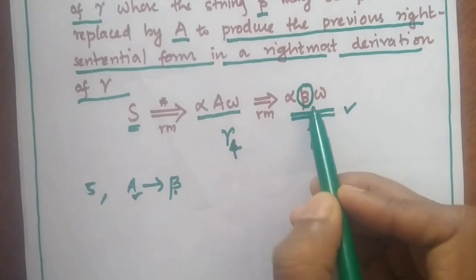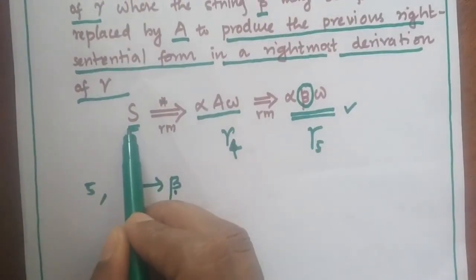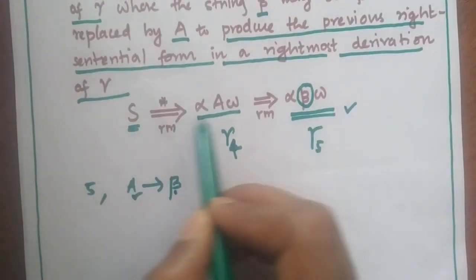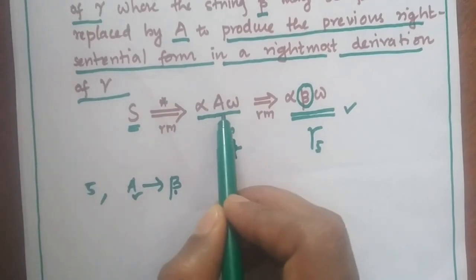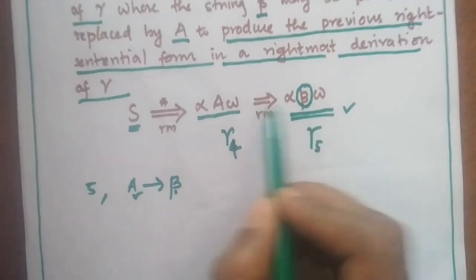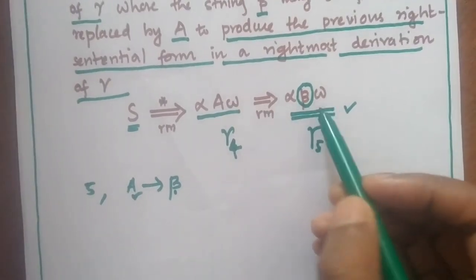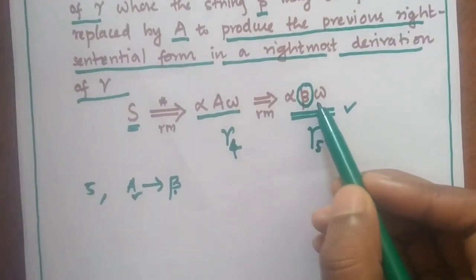Okay, it is a rightmost derivation. So we assume that we started from S and we reached here, and by replacing beta by A, we obtain the previous right sentential form in the rightmost derivation.